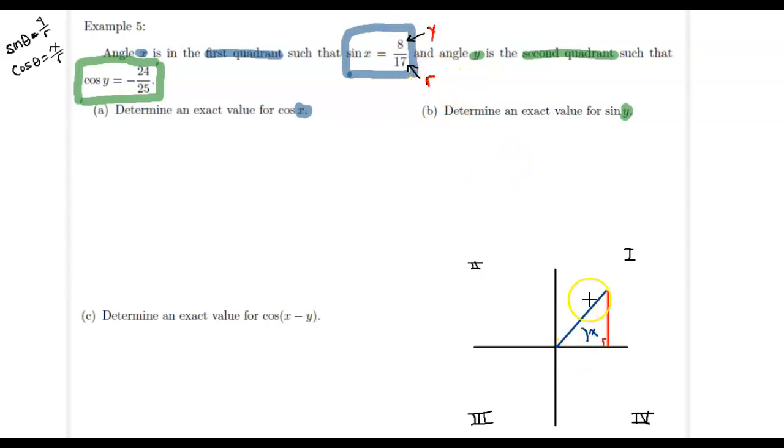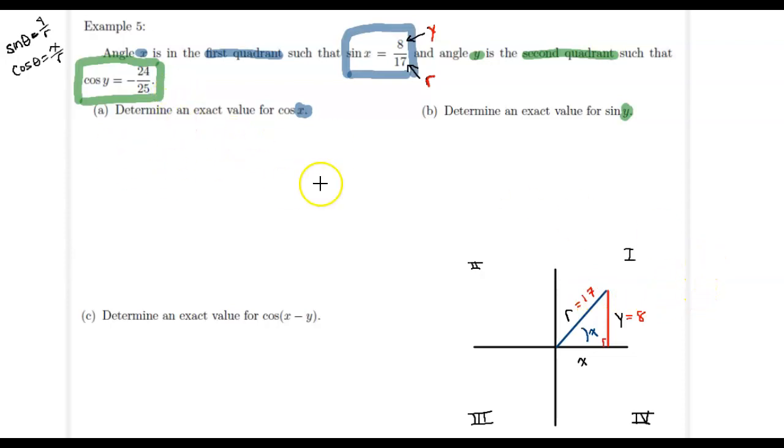My r is going to be 17, so remember, that's this piece here. This is my r, that is my x component, this is my angle x, and this is my y. They told us that y was 8, and r is 17.